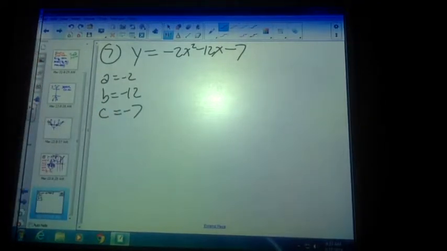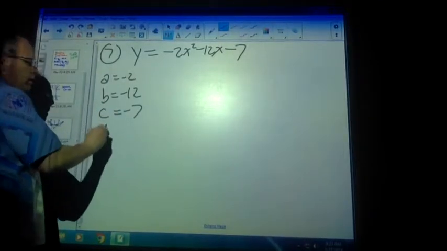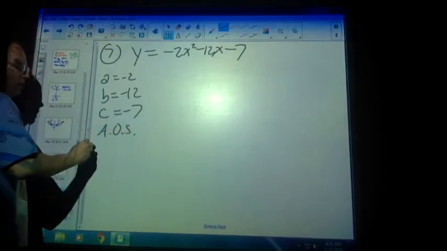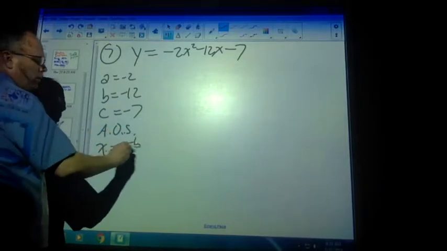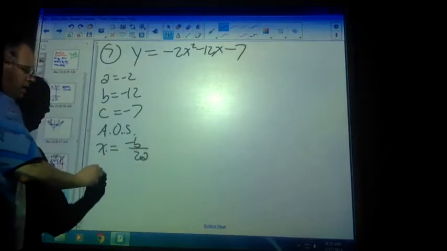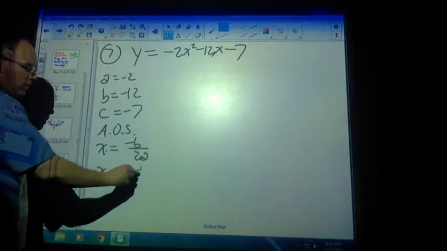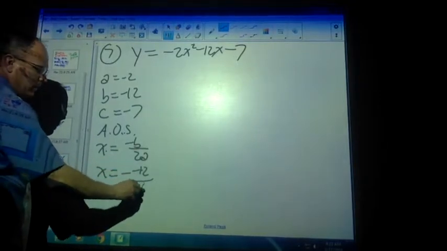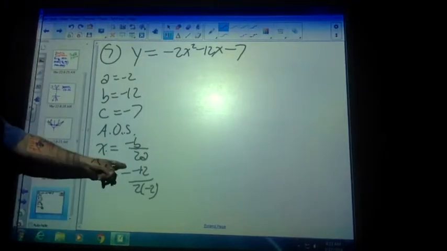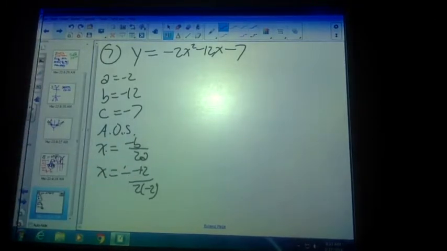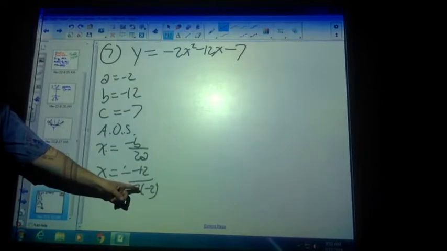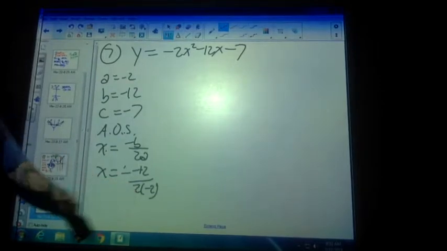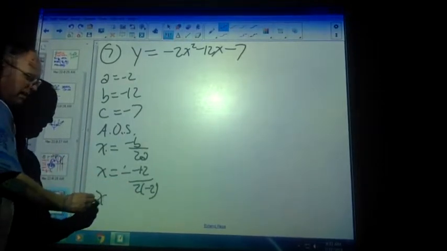My axis of symmetry, AOS, is x equals negative b over 2a. X equals negative 12 over 2 times a. What's negative 12? Positive 12. Positive 12 over negative 4 comes out to, I think, negative 3.